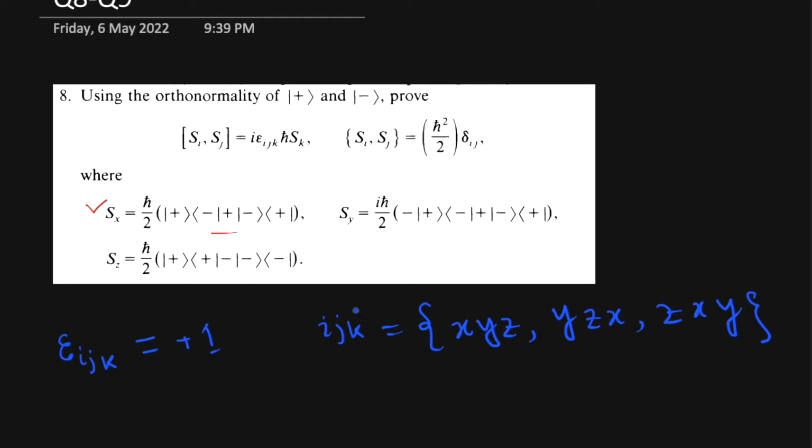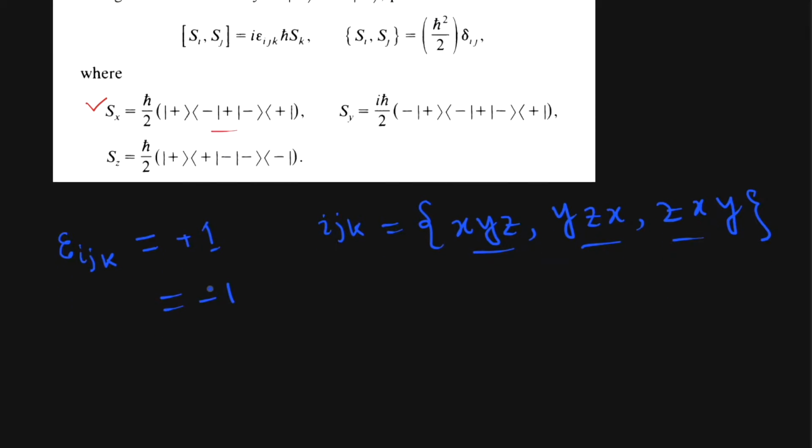If the value of ijk is one of these three values, then this symbol gives plus 1, otherwise it is minus 1. Now let us solve the question.